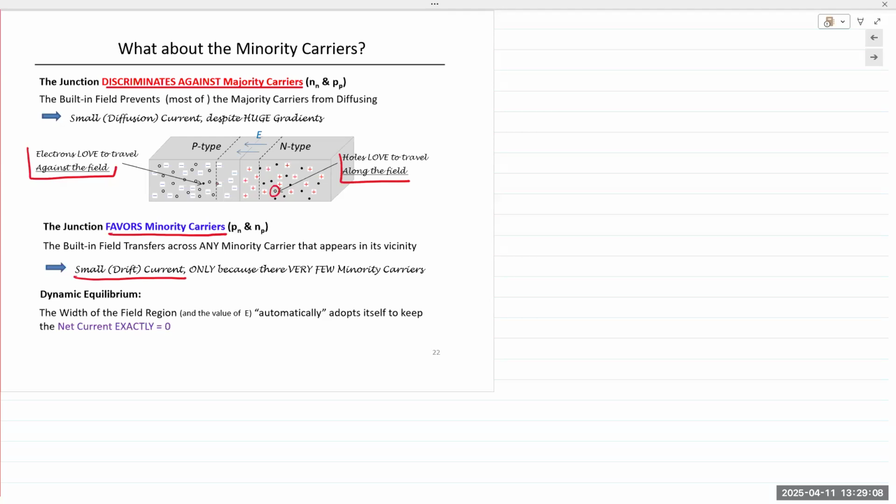Those minority carriers find it very easy to cross that barrier, but again, the current is typically very low because of the low number of minority carriers.